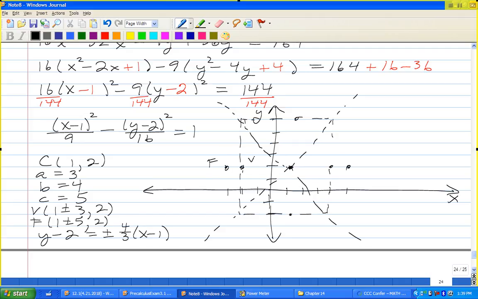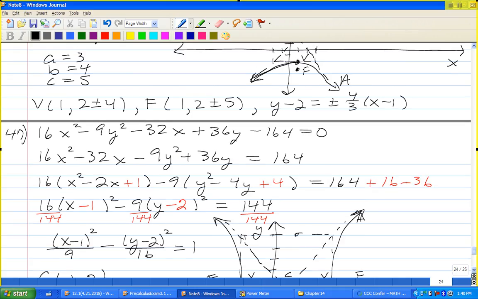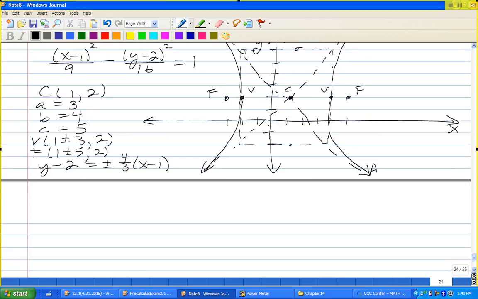So foci, vertices, center, asymptotes. So it should look something like this, and that's your hyperbola. Okay, 49. Actually, before I do 49, let me do this.